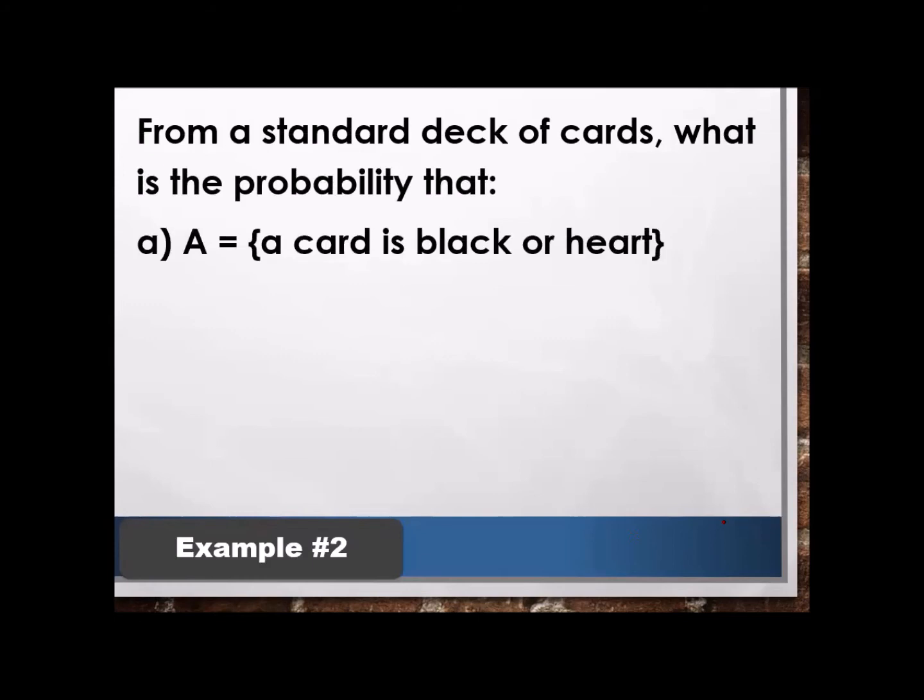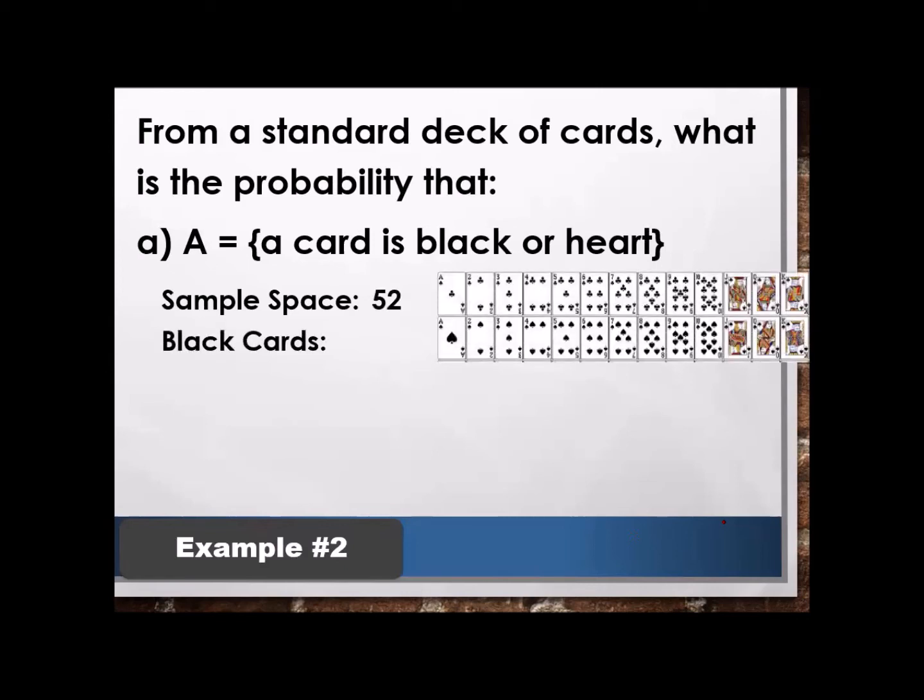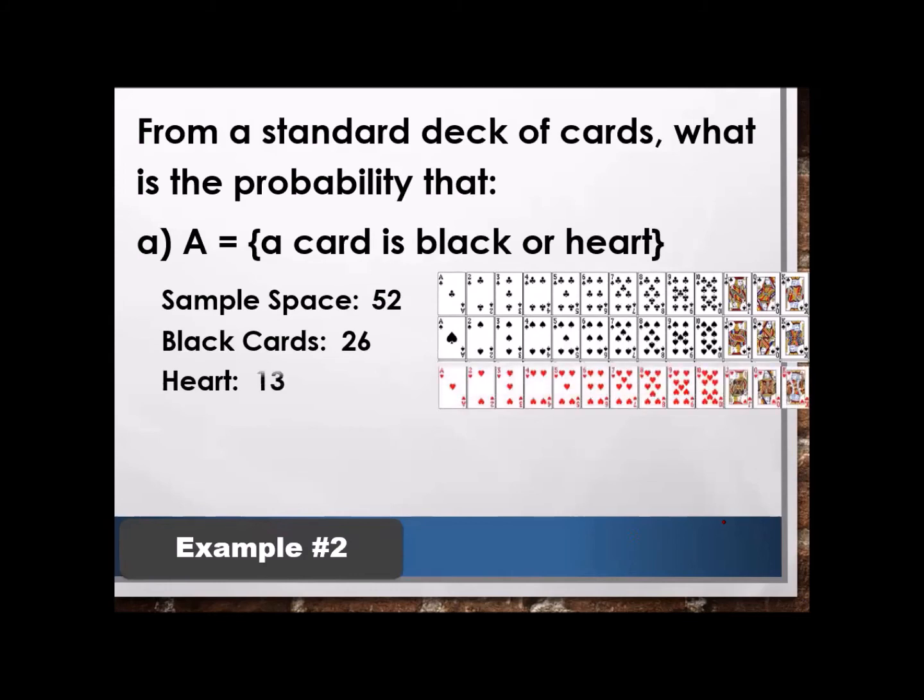From a standard deck of cards, what is the probability that you will get a card which is black or heart? Ano ulit ang sample space? Ilan lahat ang cards? We have 52. At ilan lahat ang black cards? Yun yung club tsaka yung spade. So, that is 26. Ilan lahat ang heart? Okay, so that is 13. Is there any common outcome? May umulit bang baraha?